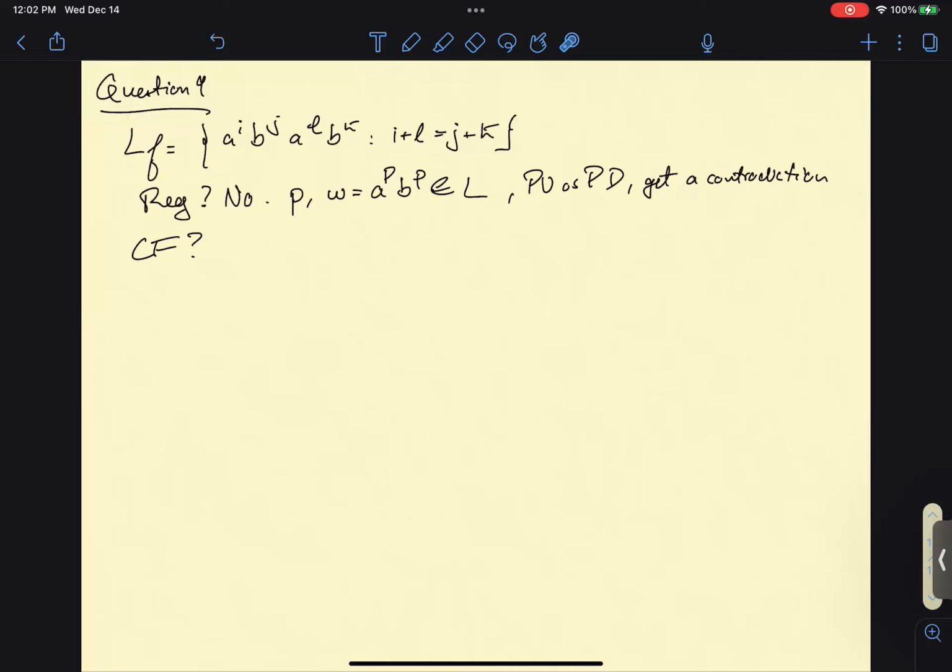Hmm. Well, if you use a pumping lemma, there could be the situation where you have V here and Y here, and they're the exact same length. And so if you pump up or down, you won't get a contradiction.